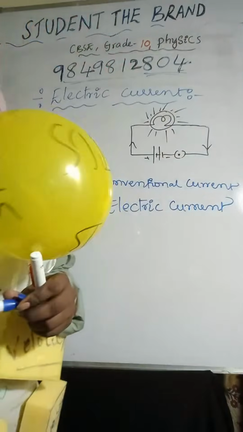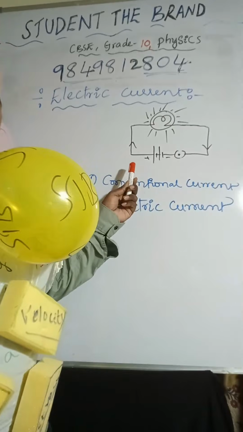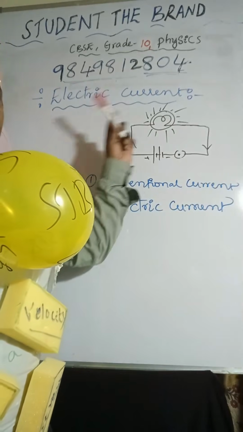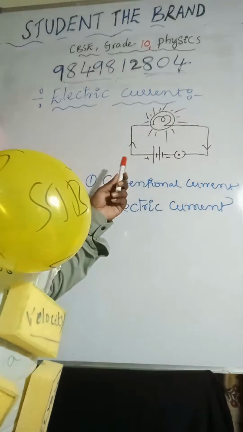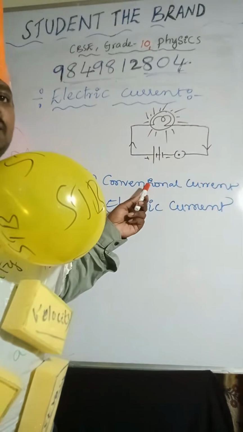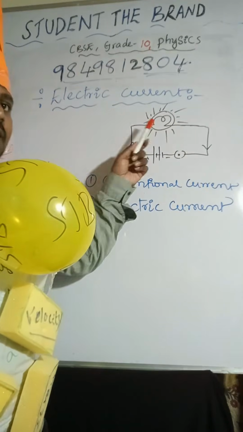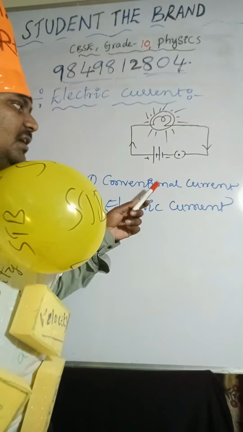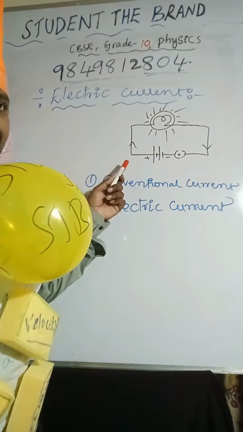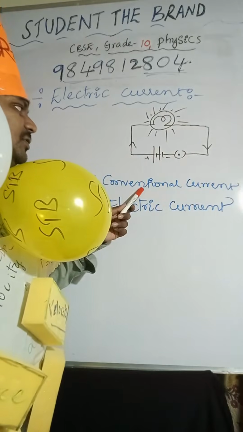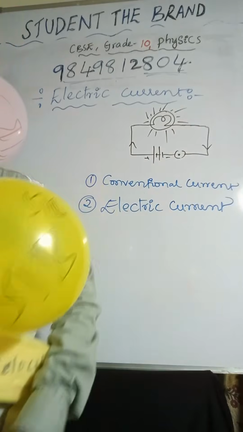Positive charges are moving from the positive terminal to the negative terminal, whereas electrons are moving from the negative terminal to the positive terminal. So conventional current is nothing but the flow of positive charges. That's why we consider the conventional current. The flow of positive charges is known as conventional current. The flow of electrons is known as electric current.